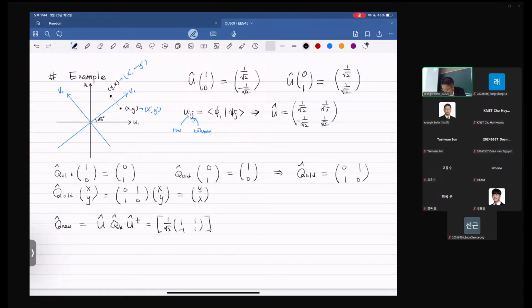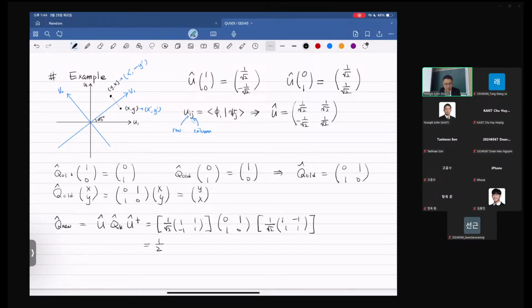I took out the 1 over square root 2, and then 0, 1, 1, 0. And then if you take the complex conjugate of that U matrix, you get this one. You transpose, so minus 1 and 1, swap the location, and then you carry out this calculation. Square root 2, both of them, I take out as a half.